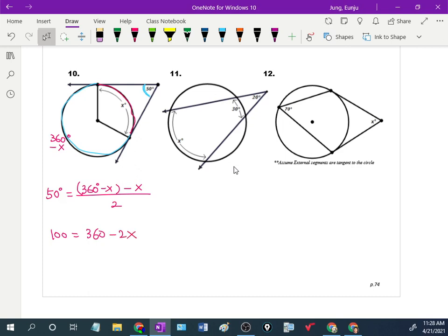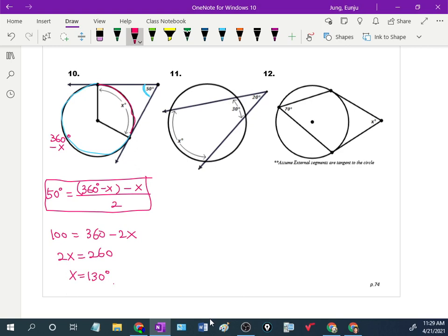So let's do the numbers. Move the terms, 2x will be 260. So what is x? 130 degrees. So setting up an equation is a very important part. You need to know which formula to use and use all the information given to set up an equation and then solve for x by using algebraic skills.